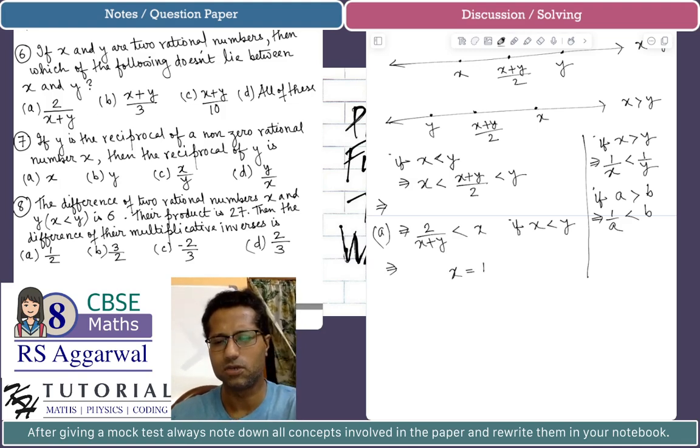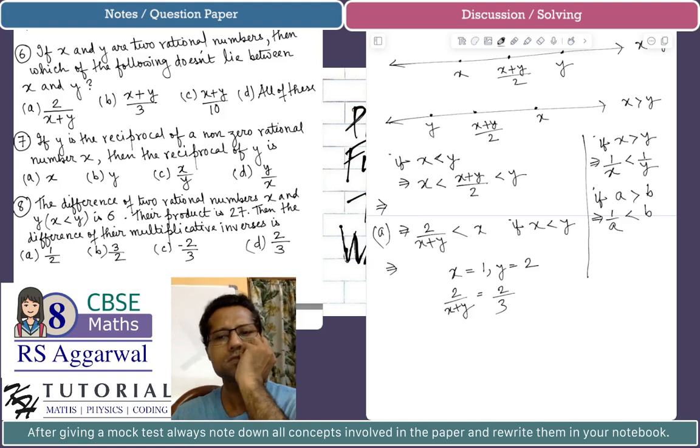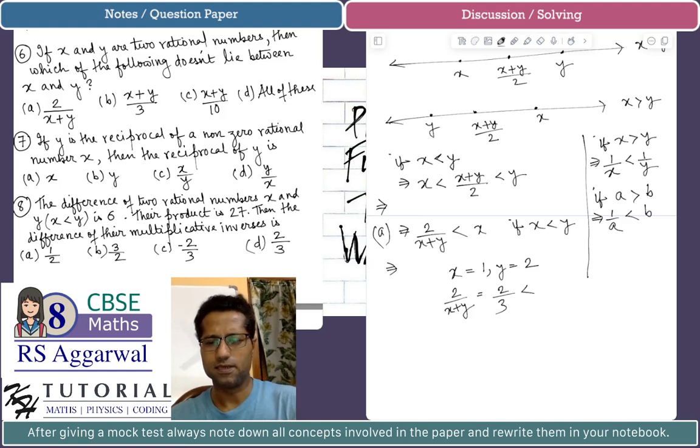I am taking x equals 1 and y equals 2. So let's see, 2 by x plus 1 is equal to 2 by 3. Definitely 2 by 3 is less than 1, which is x.